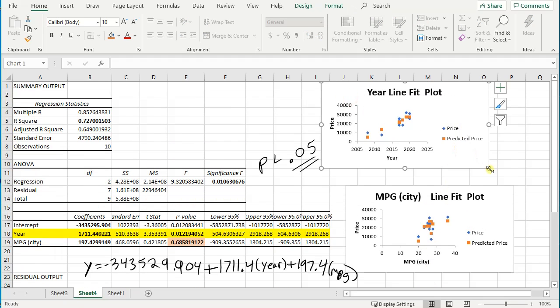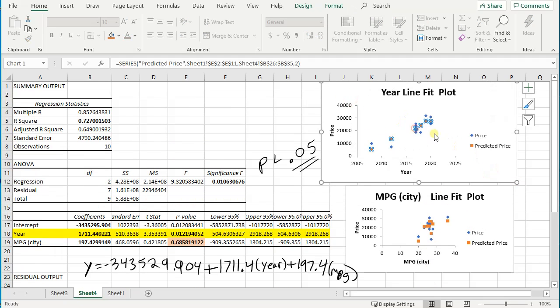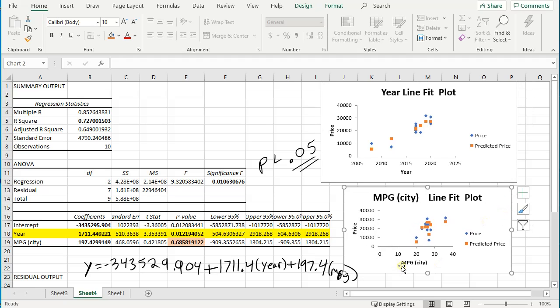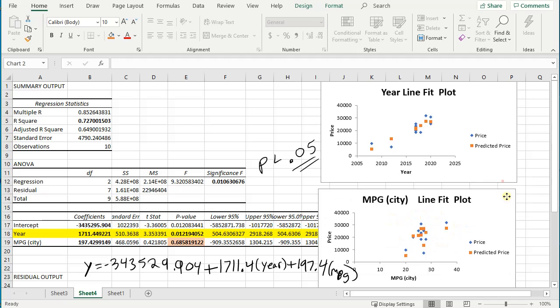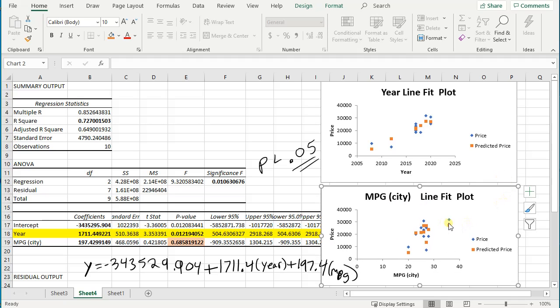So you see here, the orange is our predicted price value, and then the blue is what is actually observed. And we see a nice linear relationship when you plot year and price together. However, when you plot miles per gallon and price together, you see a mess, right? It doesn't really look that linear.